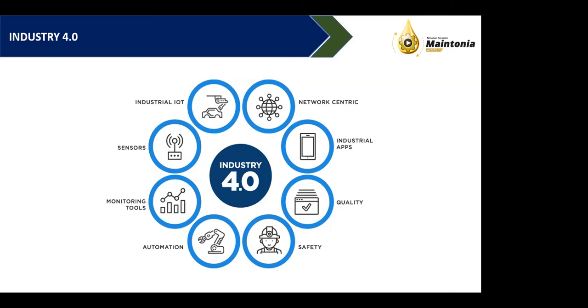Then the quality of data, there should not be transmission loss or data loss. Now we can monitor thousands of pieces of equipment in a single click, and within a second we can see how many are in the good zone, how many are in the alarm zone, or how many are in the critical zone. With a single click we can see them.